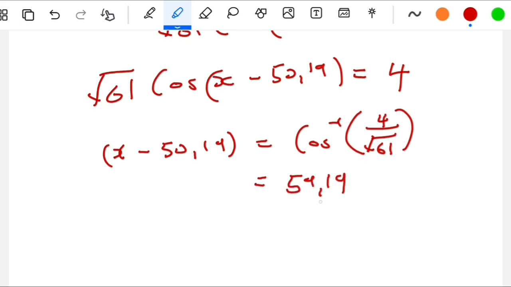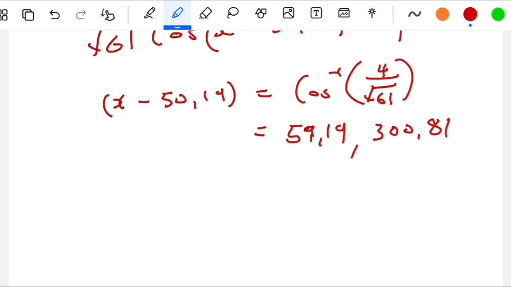Then to get the other one, we're supposed to add 360 here. If you add 360, you're going to get a value that is too high, so you cannot put it here. So what you do, subtract this one from 360. If I subtract this one from 360, I'm going to get 300.81. So those are two values.